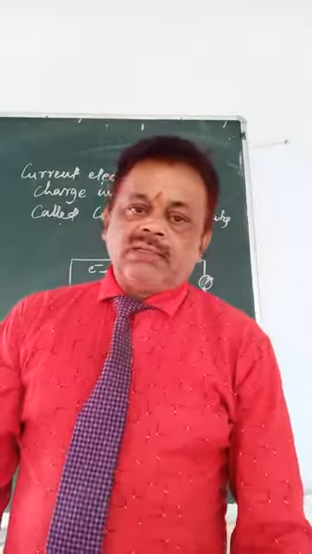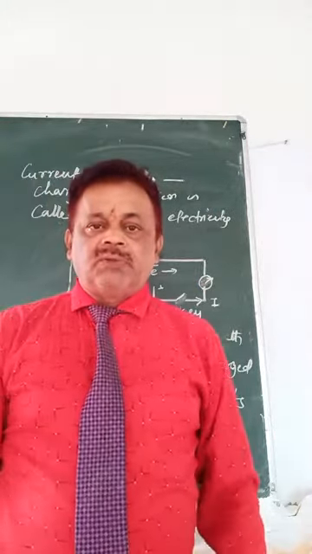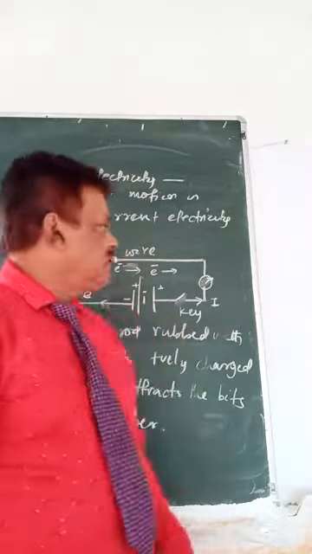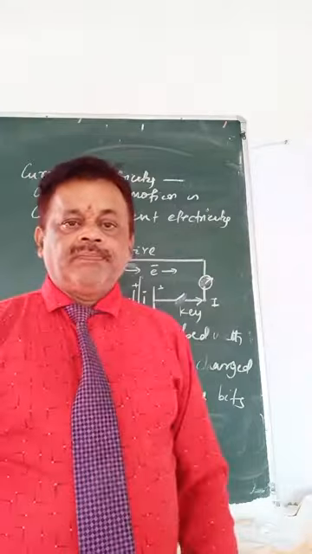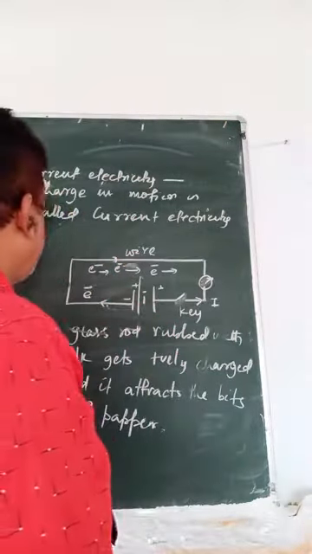So where does this electron move? In which substance does it move? They move in conductors. Where they cannot move, that is called an insulator. So there are two types here.